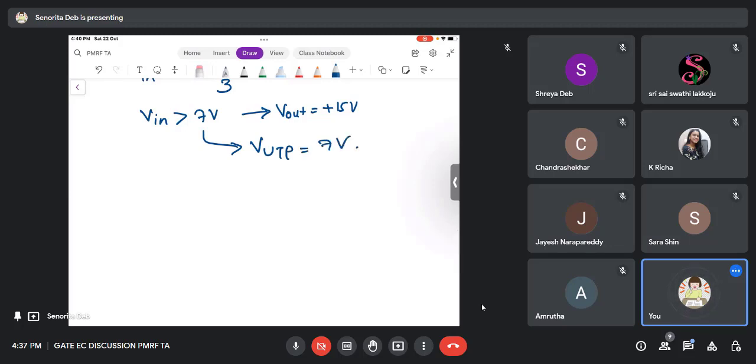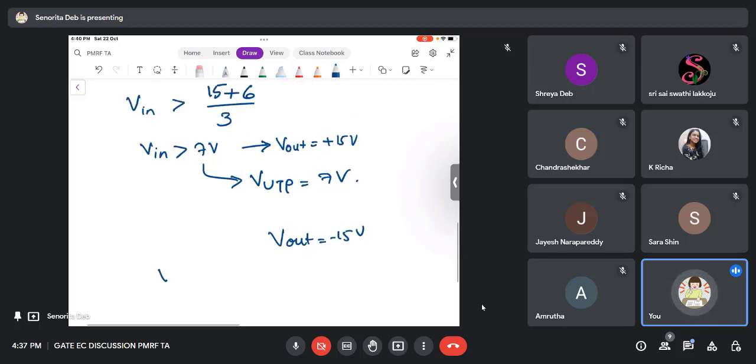And when Vout is minus 15 volts, then what is Vin?